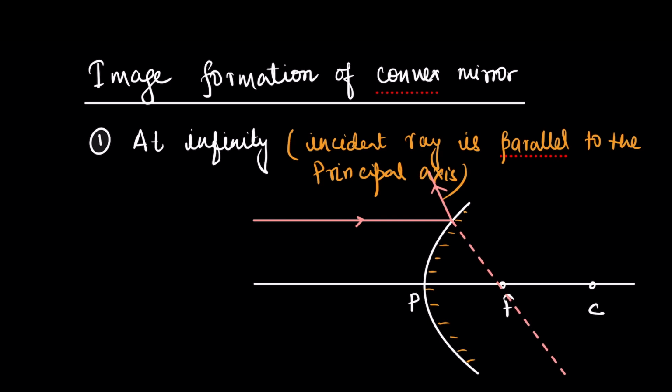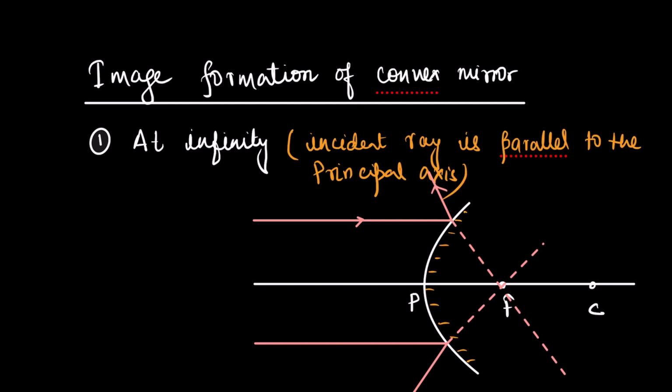Similarly, one more incident ray, it is parallel to the principal axis, so it will diverge and pass through the focus. So both the reflected rays are meeting at focus.